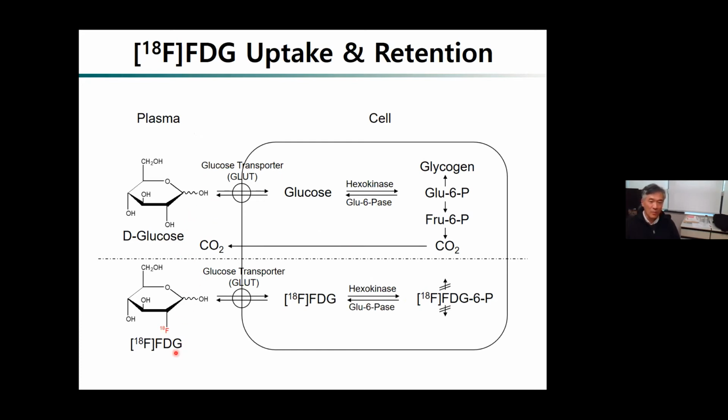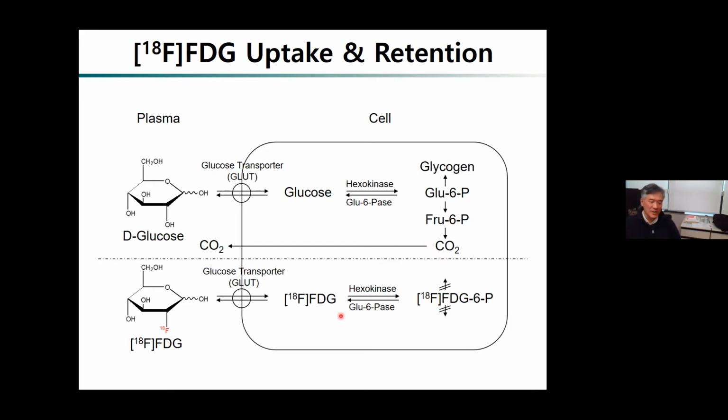Both compounds can penetrate the cell with the active transporter glucose transporter 1, and then this hydroxyl group will be phosphorylated by hexokinase. So in case of glucose, it will be triphosphorylated, and then metabolized to CO2.